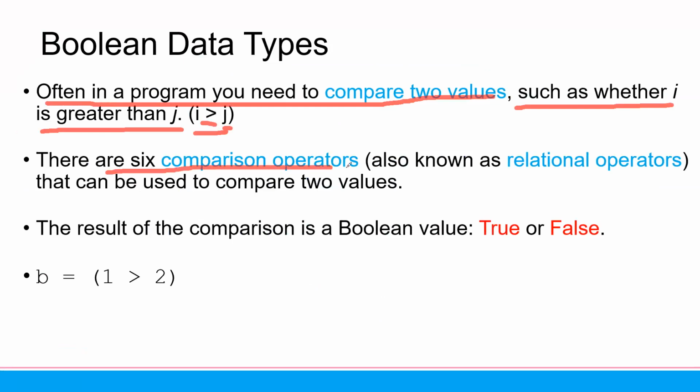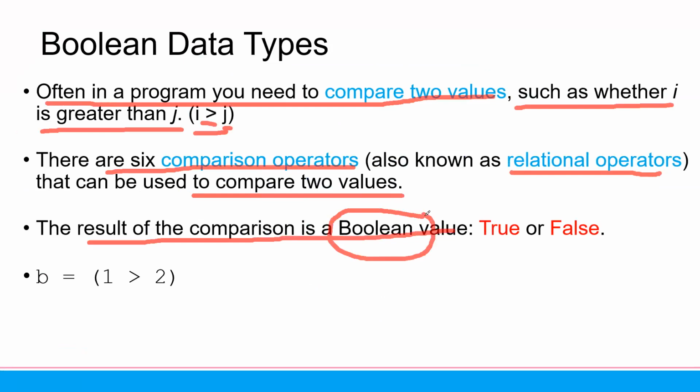There are 6 comparison operators. We call them relational operators, and they can be used to compare values. So we will learn about this. And the result of the comparison is a Boolean. It contains true or false. For example, b equals 1 greater than 2.